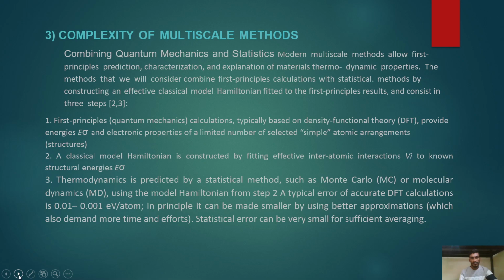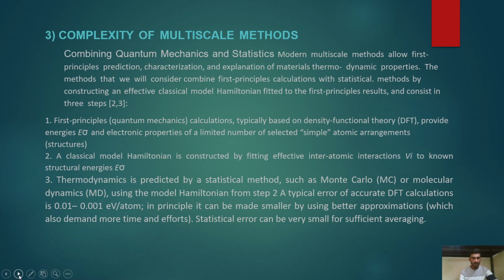Complexity of multi-scale methods. Combining quantum mechanics and statistics. Modern multi-scale methods allow first principles prediction, categorization, and explanation of materials thermodynamic properties. The methods that we will consider combine first principles calculations with statistical methods by constructing an effective classical model Hamiltonian fitted to the first principles results.